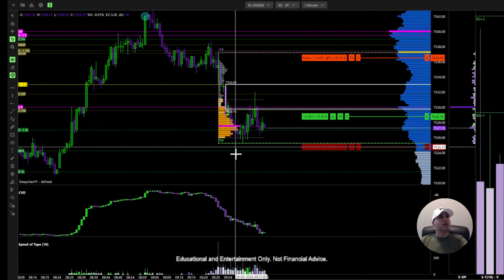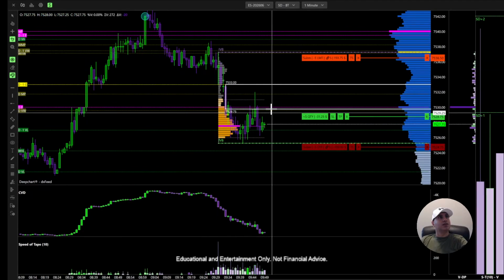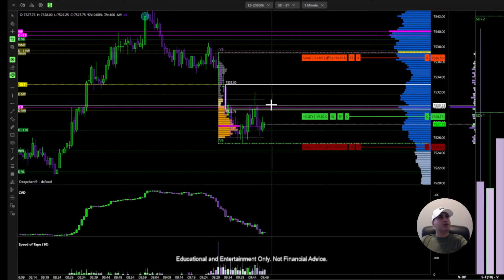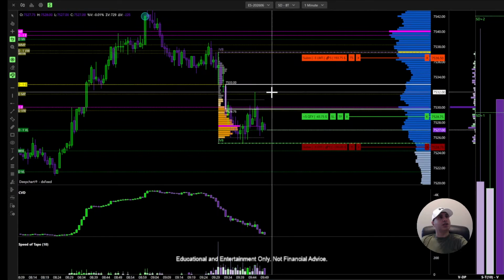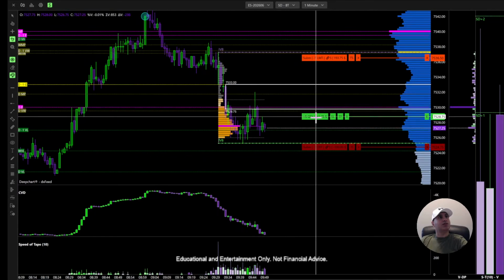And also buyers protecting this area pretty hard. So there's a battle between these two zones. Alert iceberg on ES. If the buyers cannot break through it, I'm gonna be out. Let's wait for another couple candles.